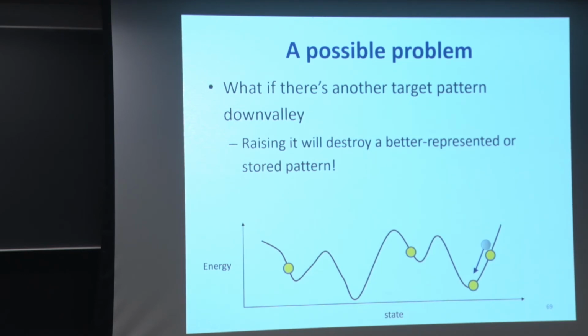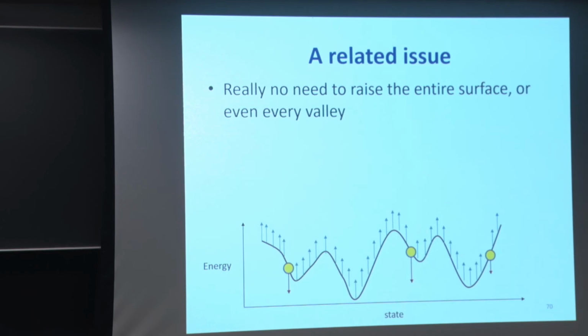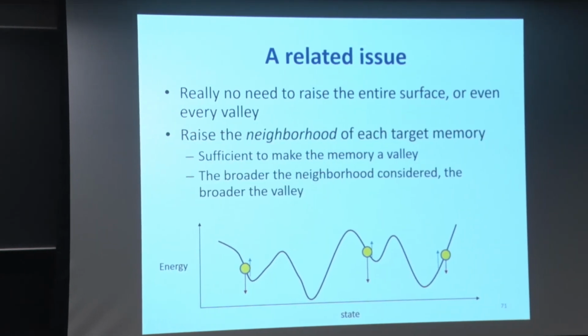You have no way of knowing whether you're in the middle or not, but what you can say is, I want the memory to be at least 5 bits from my target pattern, right? And so, instead of letting it evolve till it hits a valley, you see that there's really no need to raise the entire surface or even every valley.